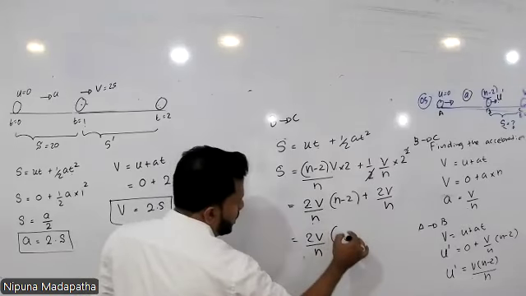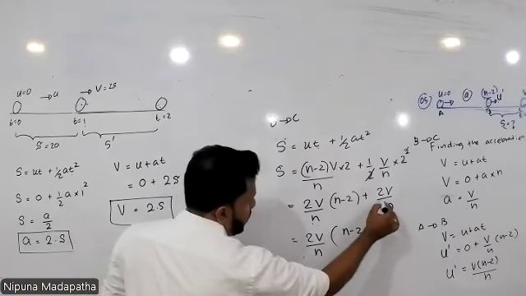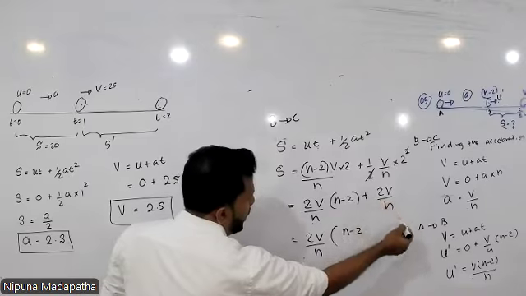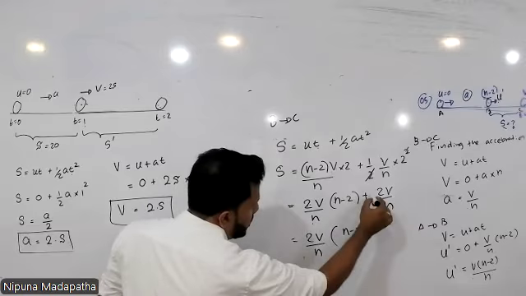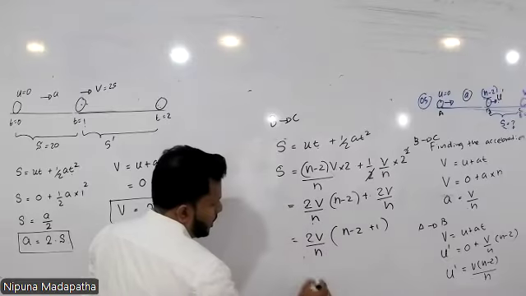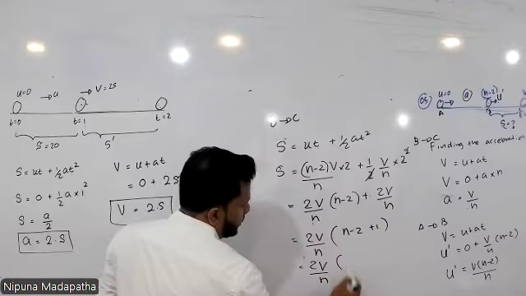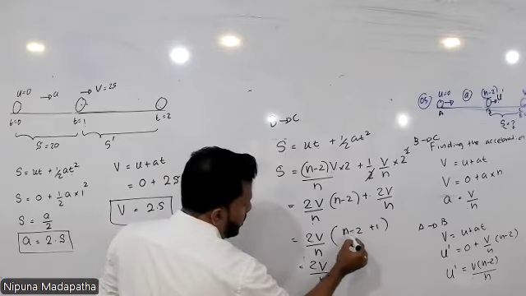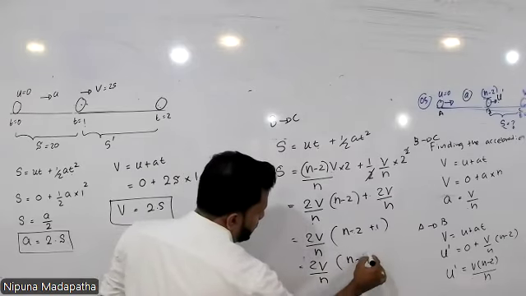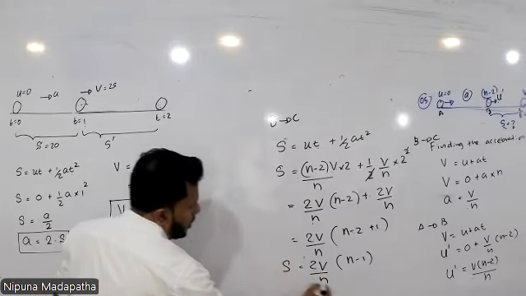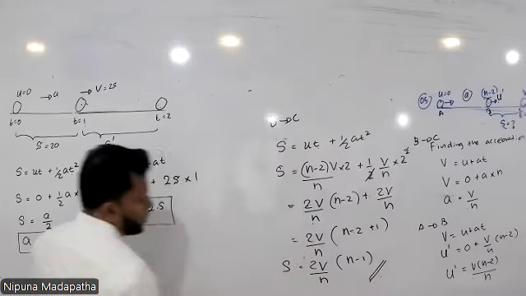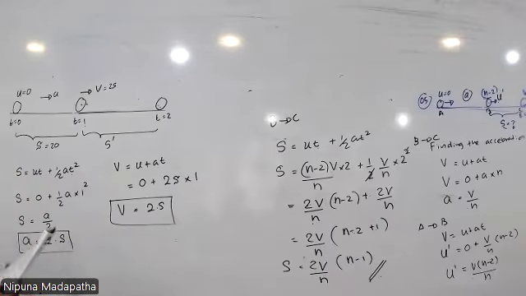Taking it out of the parenthesis, what remains is (n minus 2) plus 1, which is n minus 1. So this is the final answer: 2v(n minus 1) over n.